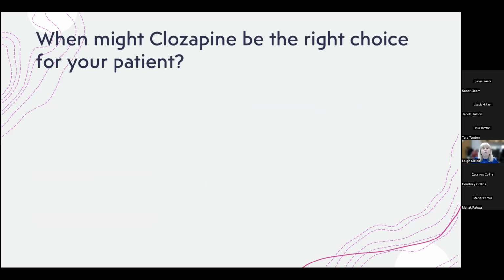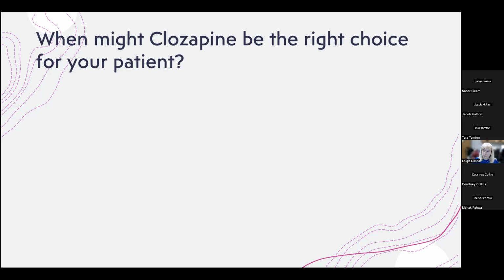Okay, so we've kind of gone through some interactions and precautions. When might clozapine be a good choice for your patient? When have you used clozapine in your practice? Anybody want to share examples of when you've used clozapine? Okay.